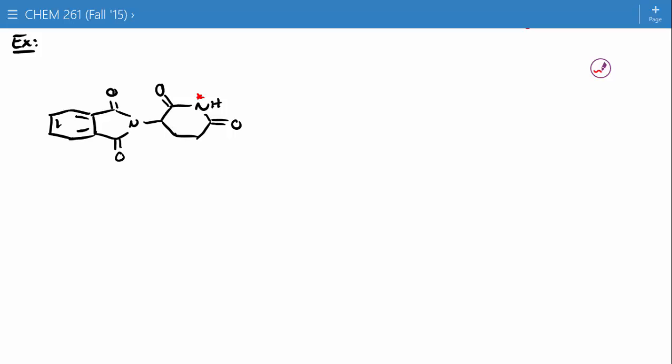Is that nitrogen chiral? Does it have four different substituents coming off? Well, we kind of could argue it does. It's got a lone pair. It's got a hydrogen. And then if we follow along this carbonyl, that carbonyl path is different than that carbonyl path. So they're treated as two different substituents.